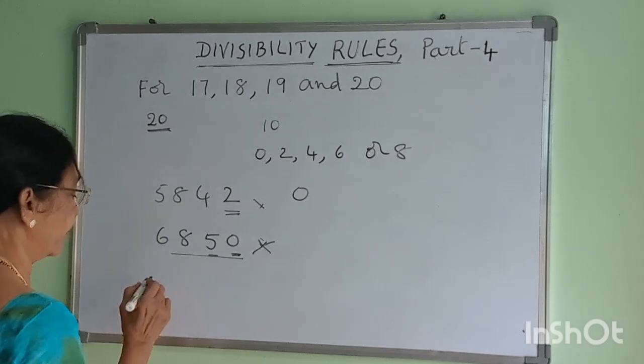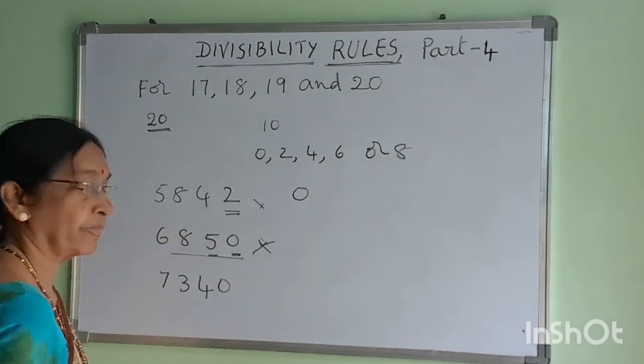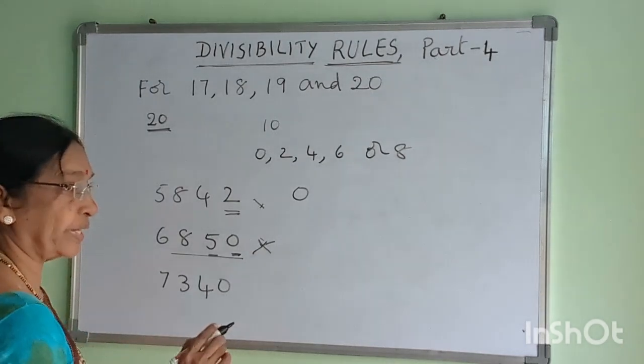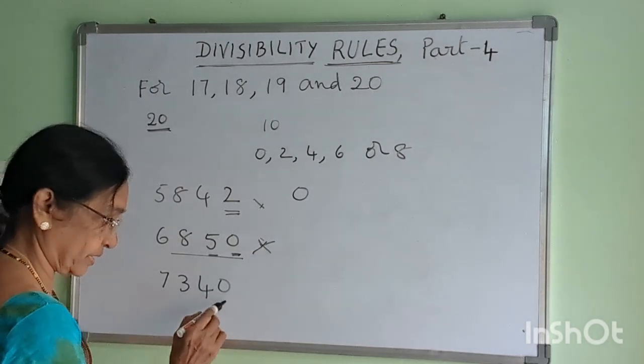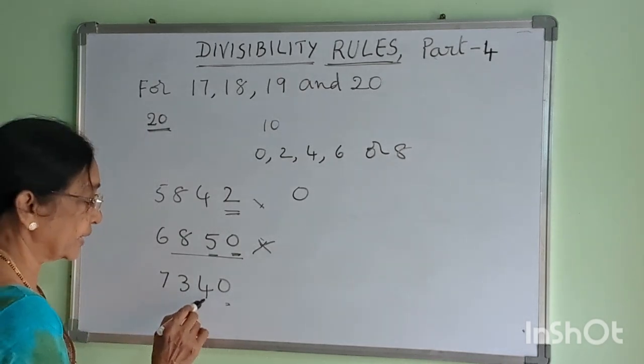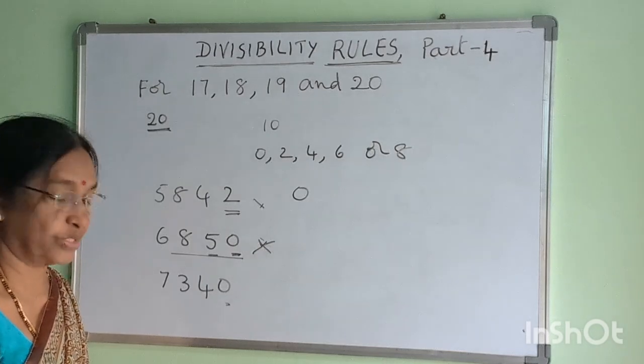Let us take another number, 7340. It is divisible by 10. In the units place it contains 0. And the second condition is in the tens place it must contain an even number or 0.